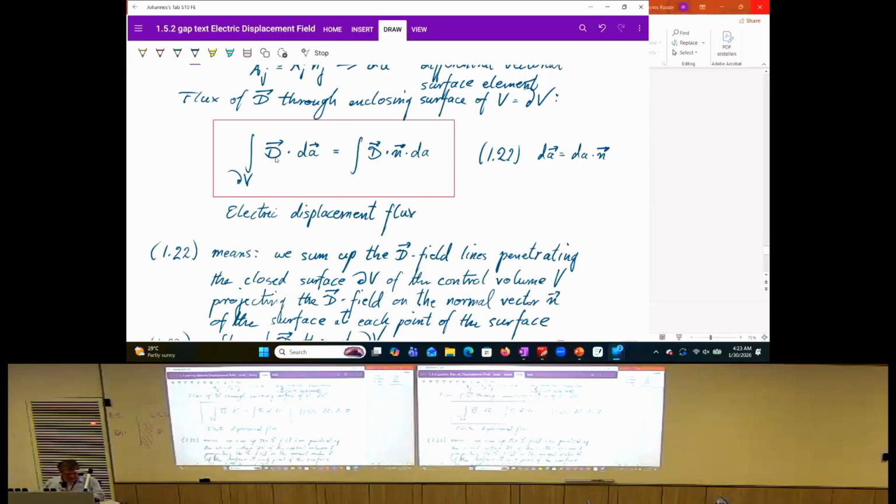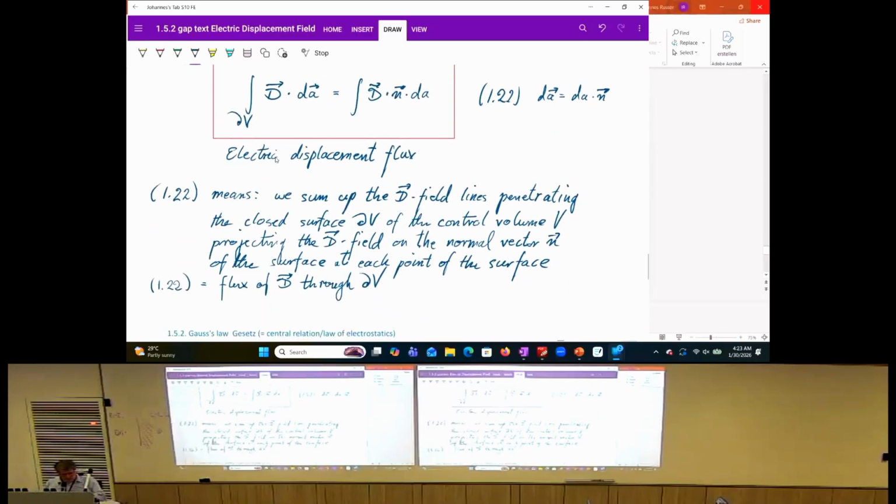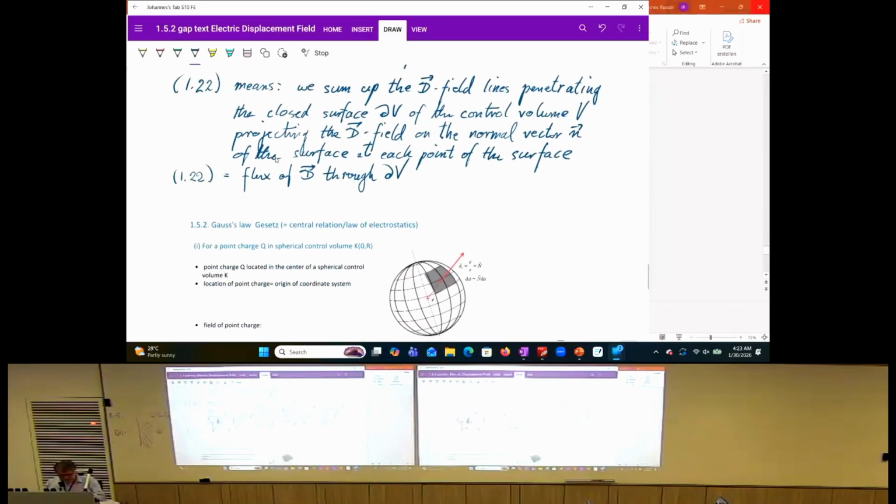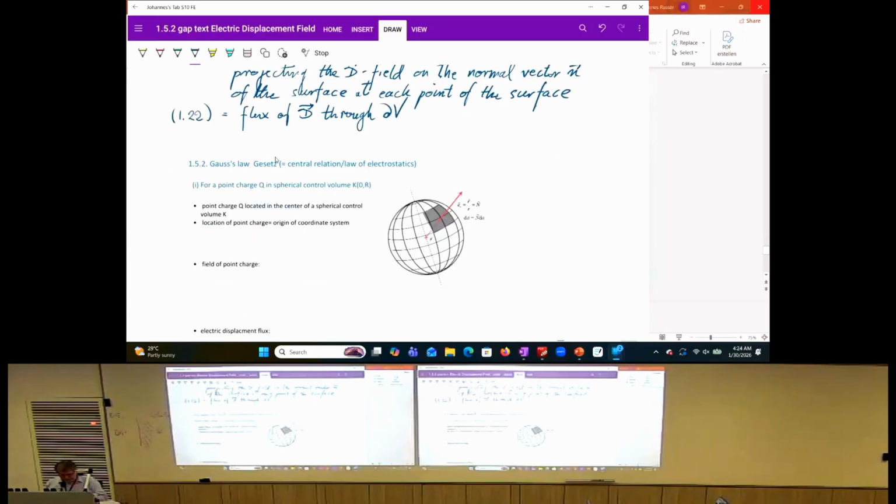This is our flux through this surface. And there is a very interesting relation, and this will bring us to the Gauss law.